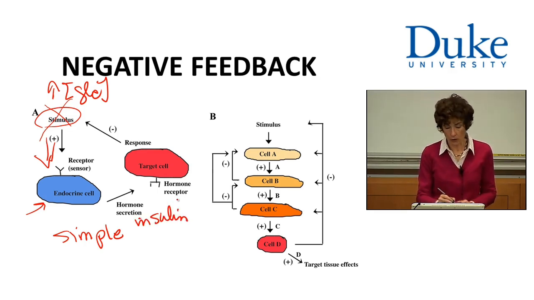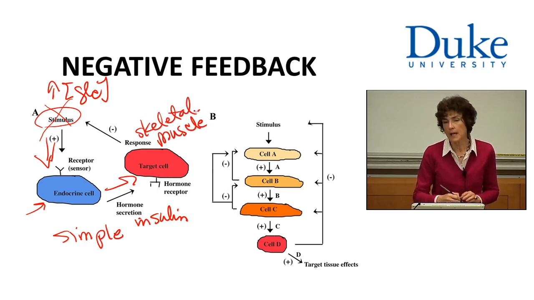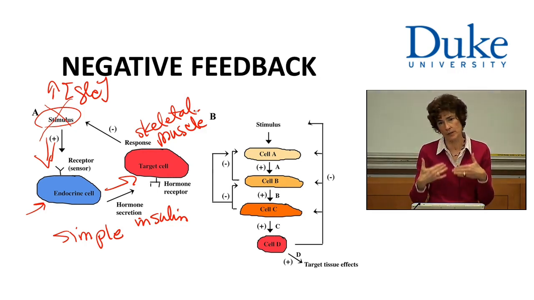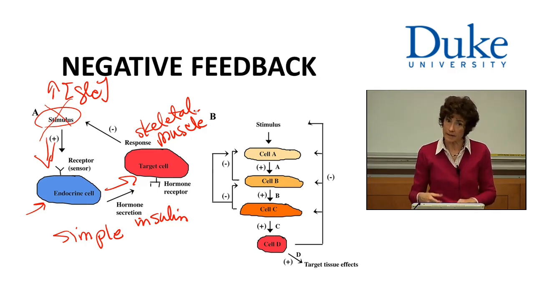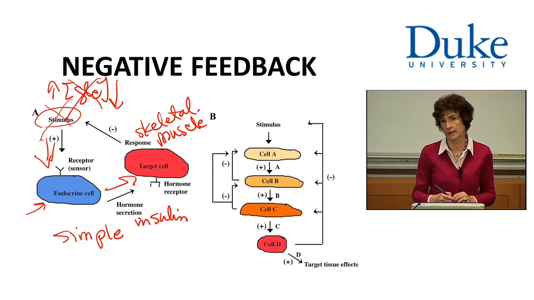Insulin is a hormone which acts on the skeletal muscle, and it makes the skeletal muscle take up that glucose, removing it from the blood so that it's taking it into the skeletal muscle for storage. And as it does so, the plasma glucose levels will fall. Okay, so we are removing the initiating signal.